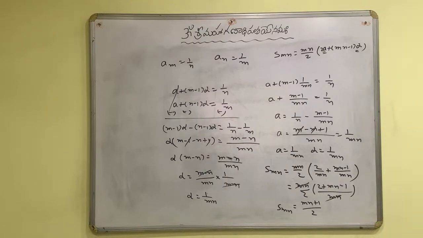Now note it down, children. The sum of first m terms of an AP is 4m square minus m. If its nth term is 107, find the value of n and also find the 21st term. This is the question.